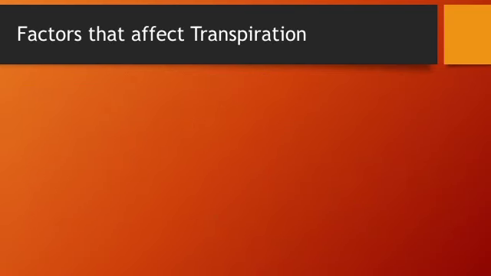Now, what are the factors that affect transpiration? First is intensity of light. The more the intensity of light, the more the transpiration. It means the stomata will open efficiently and there will be more and more transpiration.